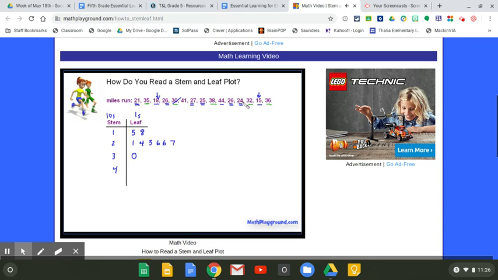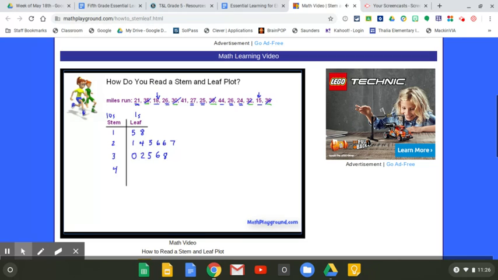Then we can go to the 2 in 32. Next we have a 5 in 35, a 6 in the number 36, and an 8 in the number 38.